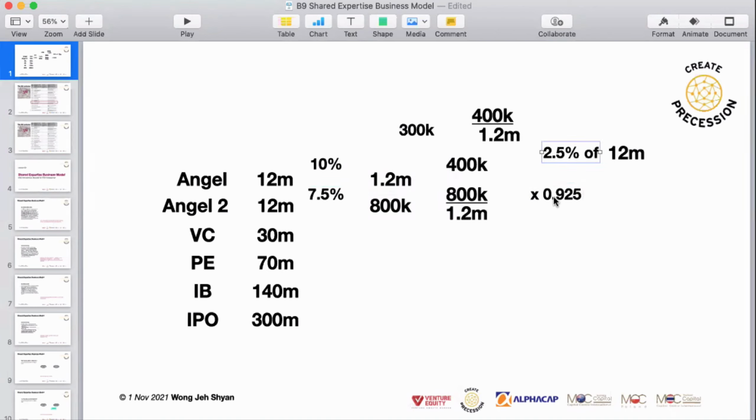So 2.5 times 0.925, how many percent do you end up with? 2.3%. 2.3% of 12 million. You realize that before the fundraising, they had 400K. After fundraising, how much do they have? 2.3% of 12 million is the down round.